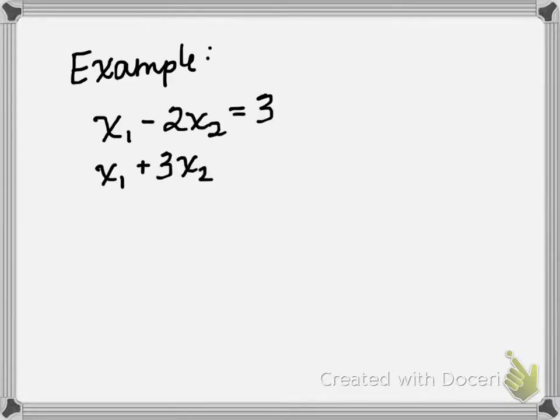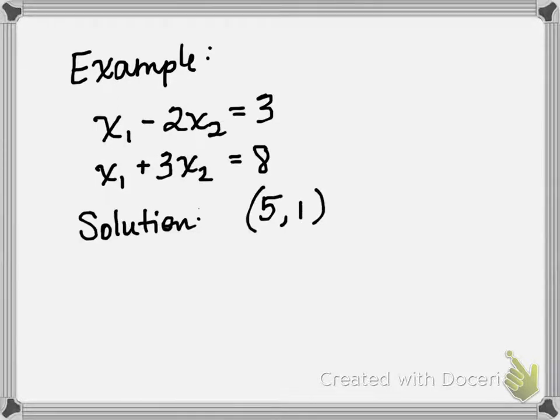So let's take x1 minus 2x2 equals 3, and x1 plus 3x2 equals 8. Each one of these equations by themselves is a linear equation in the variables x1 and x2, and taken together, if I consider those two equations, I need them to happen at the same time, I call this a system of linear equations.